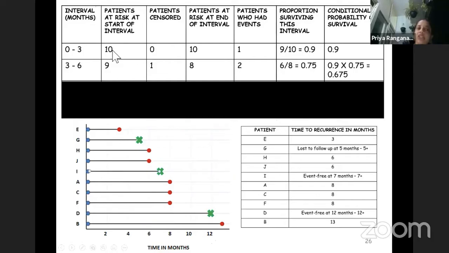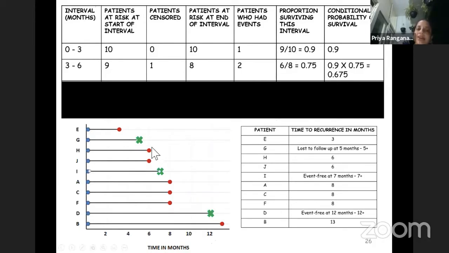So if 10 patients start an interval and one patient has an event, the proportion surviving this interval is 9 out of 10, and that becomes 0.9. So in simple terms, this means 90% of patients who undergo surgery will survive to 3 months after surgery.